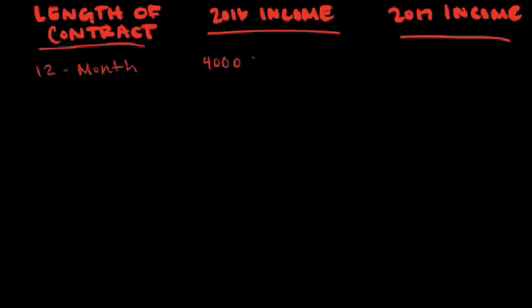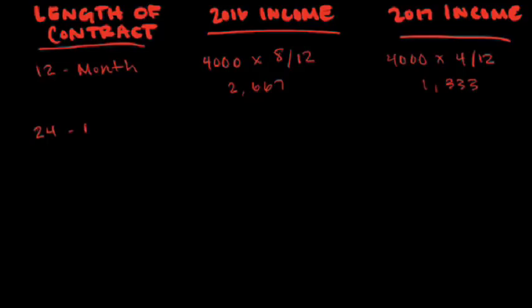So since they sold the contracts in May, for the $4,000, we would multiply that by how many additional months there would be for 2016: May, June, July, August, September, October, November, December. That would be 8 out of 12 months, giving rise to income of $2,667. So for 2017, the remainder would then be $1,333 for the 12-month contracts.